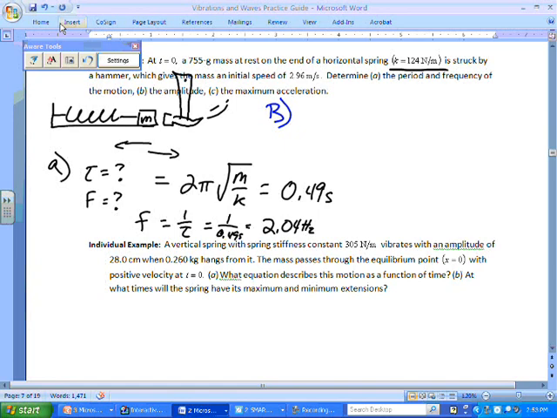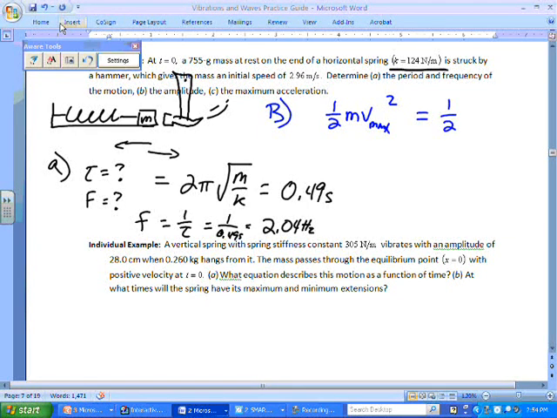Well, if we want to know the amplitude of the oscillation, we have to think of the case in which all of this kinetic energy has converted into elastic potential energy. So we'll take the maximum kinetic energy, which would be at the very beginning when it first is hit with a hammer, and we'll set that equal to the maximum elastic potential energy.